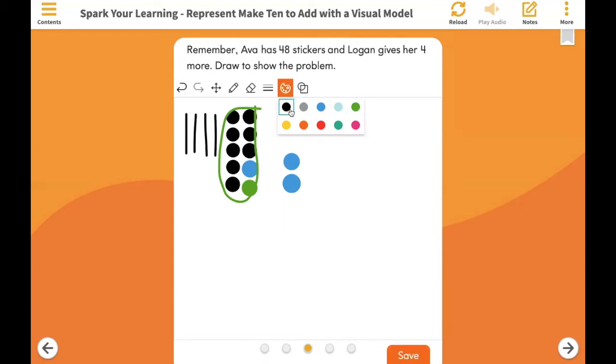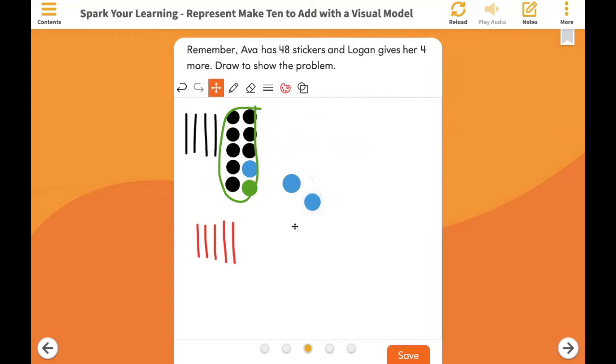So now I have 1, 2, 3, 4, and 5 groups of 10, and 1, 2 ones to give me a total of 52 stickers.